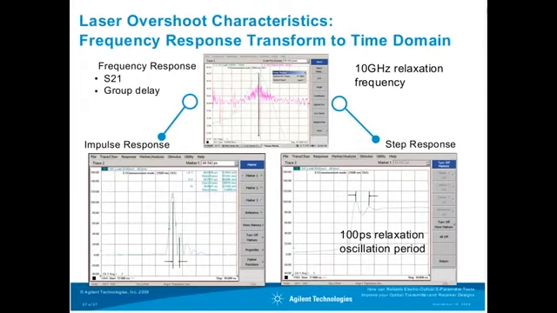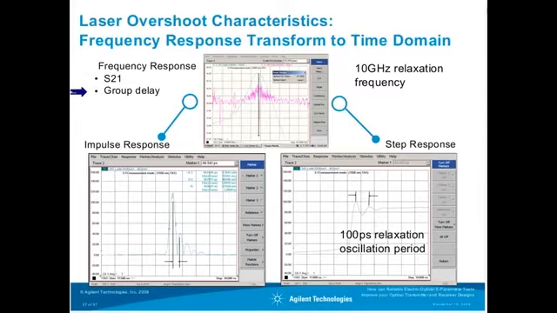Also, if you want to judge the expected time domain performance, it's important to be able to get an idea based on frequency domain measurements. Here, for instance, you can use the transform features of network analyzers to convert from the frequency domain into the time domain. The basis is that you have a frequency response measurement with precise knowledge of both the amplitude characteristics and the group delay characteristics.